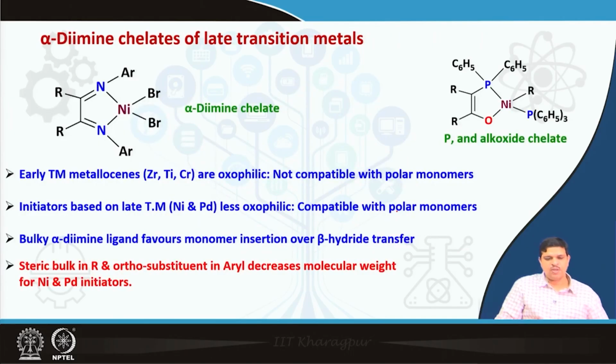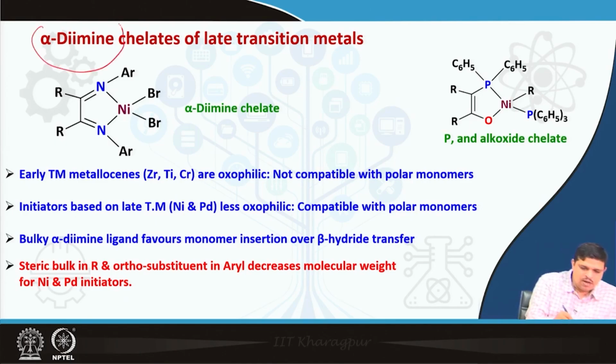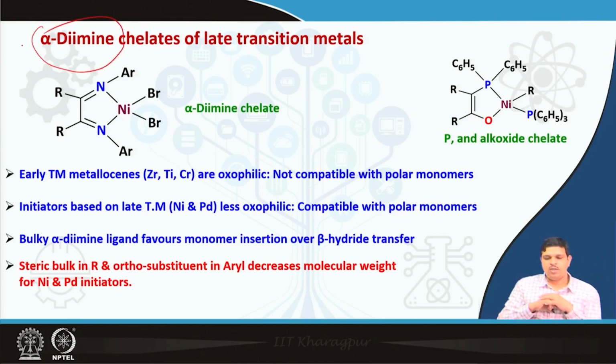So that is perfect. Another category is the alpha diimine chelates of late transition metals. The early transition metals, as an example zirconium and titanium, are oxophilic, that is not really compatible with polar monomers, as an example acrylate monomers. But if you use late transition metals, as an example nickel or palladium, those are less oxophilic, that means compatible with polar monomers.